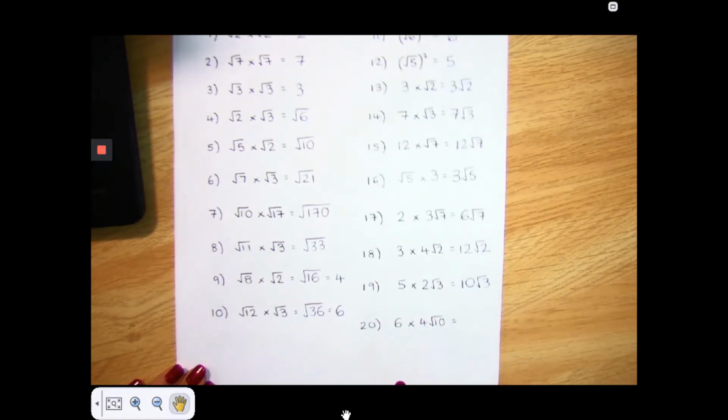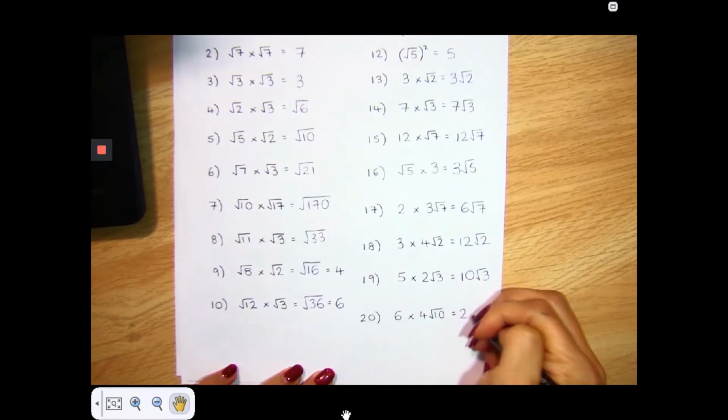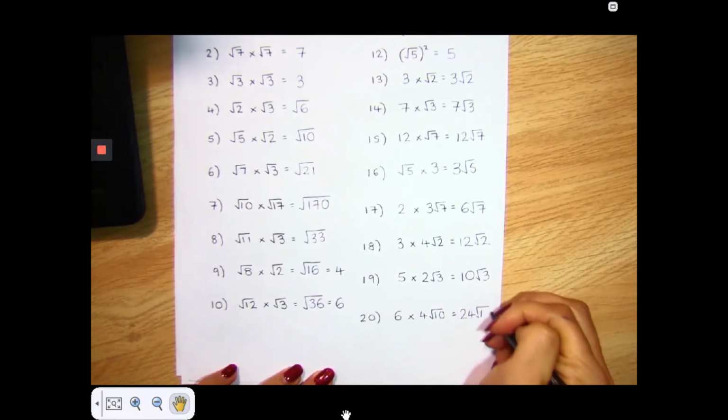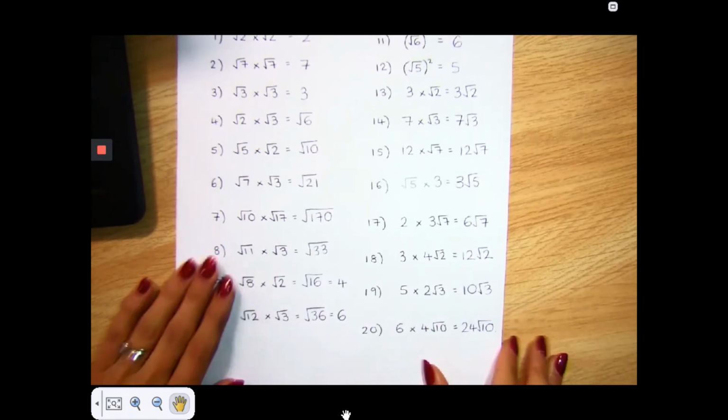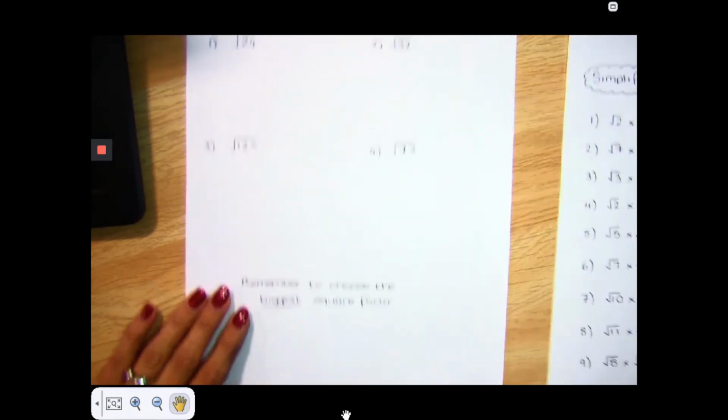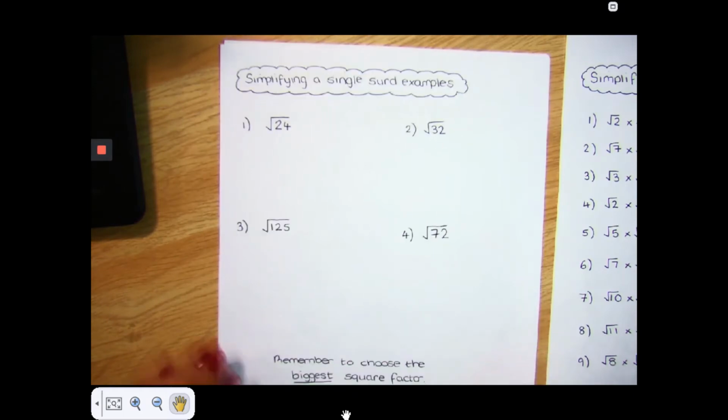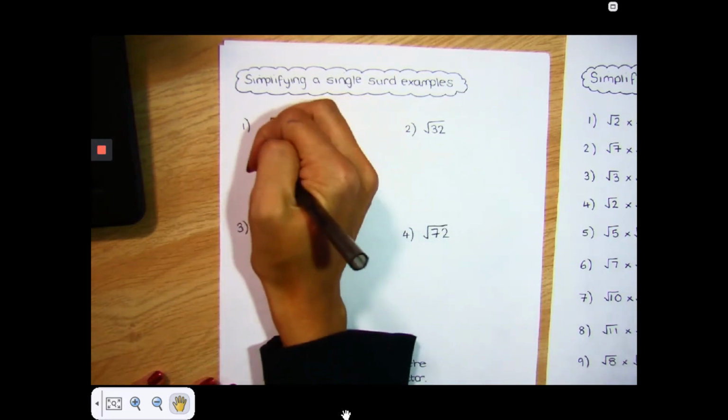Moving on to the next section, something else that you need to be able to do with surds is to simplify down a single surd. For example, root 24. Now, what I'm going to do with root 24 is I'm going to think of two things you times together to get 24, but one of them has to be a square number, and it also has to be the biggest possible square number.